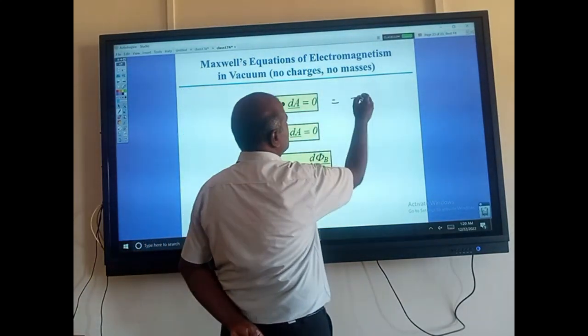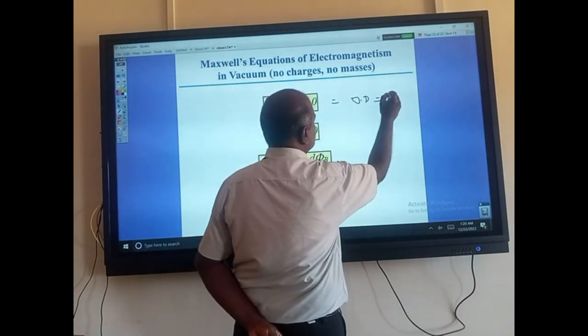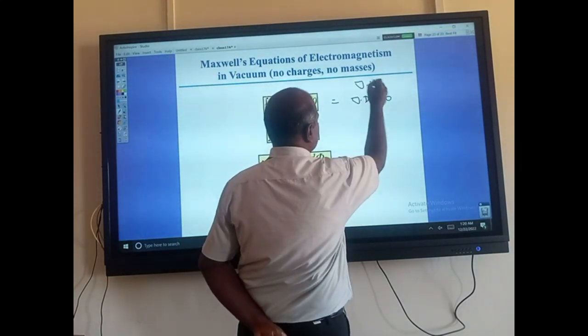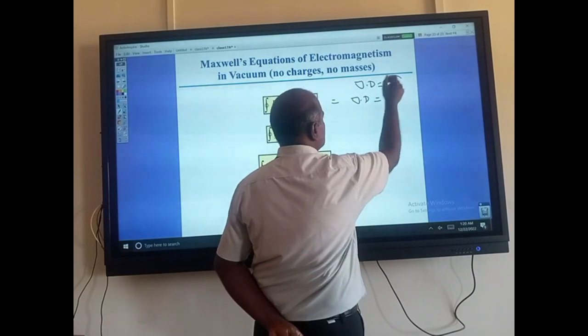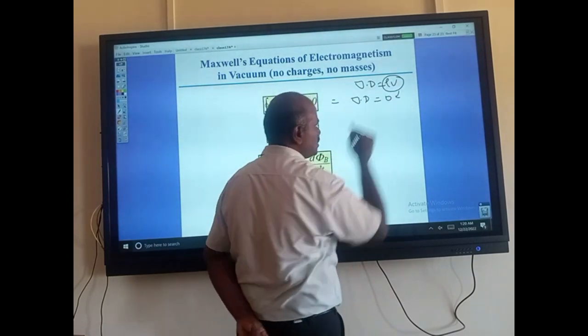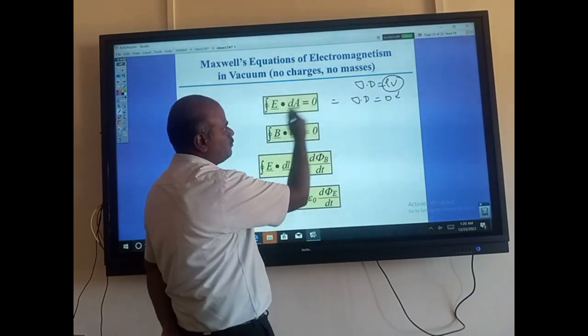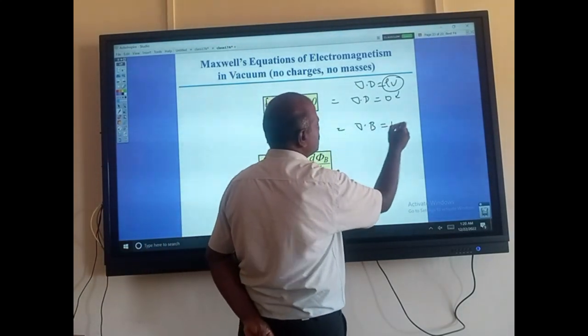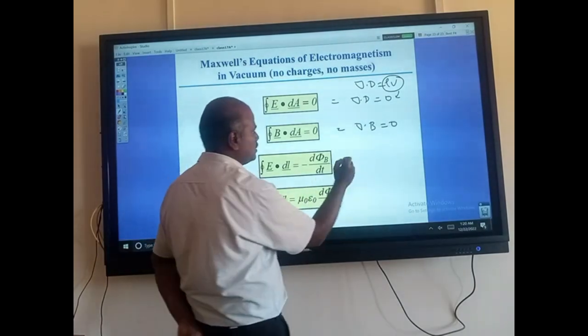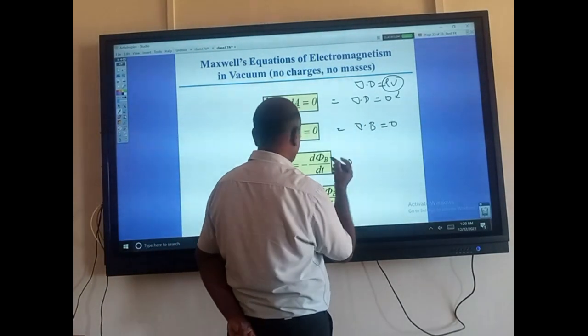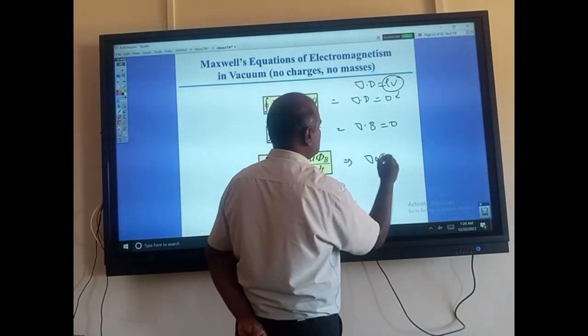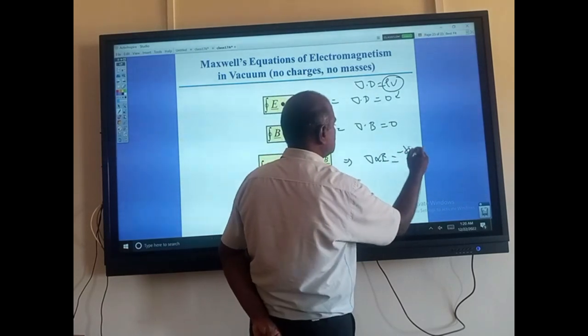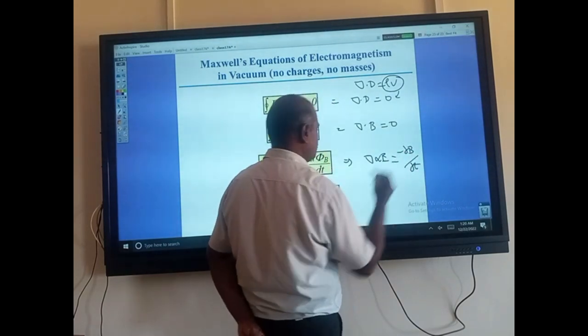What is this? Divergence of D equals rho_V. There is no charge in free space, so this is the differential form of the first one. Then divergence of B equals 0, the second theorem, with no change. Then curl E equals minus dB by dt, Faraday's law.